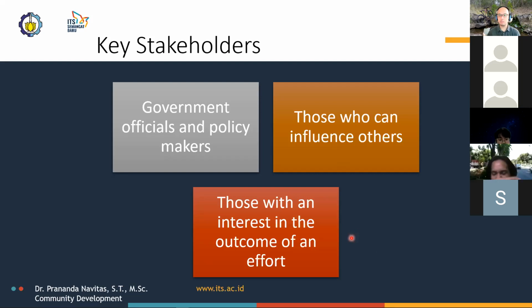For example, business people, and they may therefore have a fair amount of clout or power. Those with an interest in the outcome of an effort: business people, or the business community.